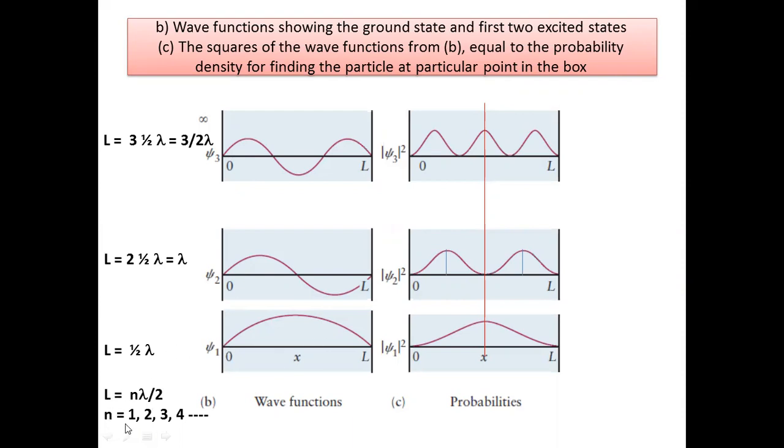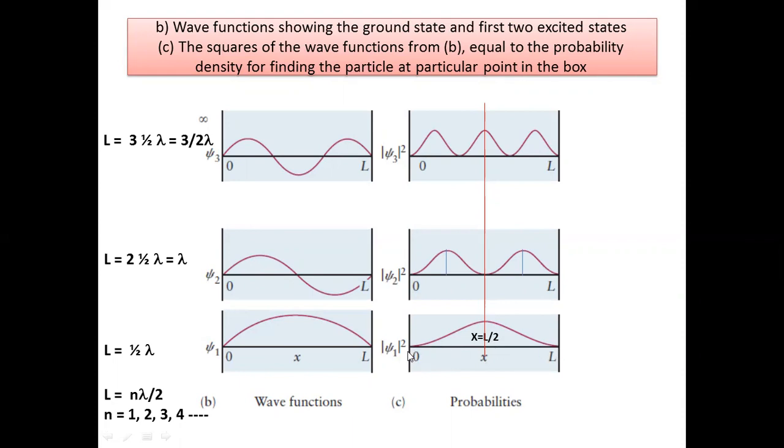This is a generalized form, and you may find the wave in any of the energy levels this way. So this is the probability of finding the electron. Here x is shown from 0 to L, and between 0 to L there is the half of L. So what would be the value of x? x would be equal to L by 2.